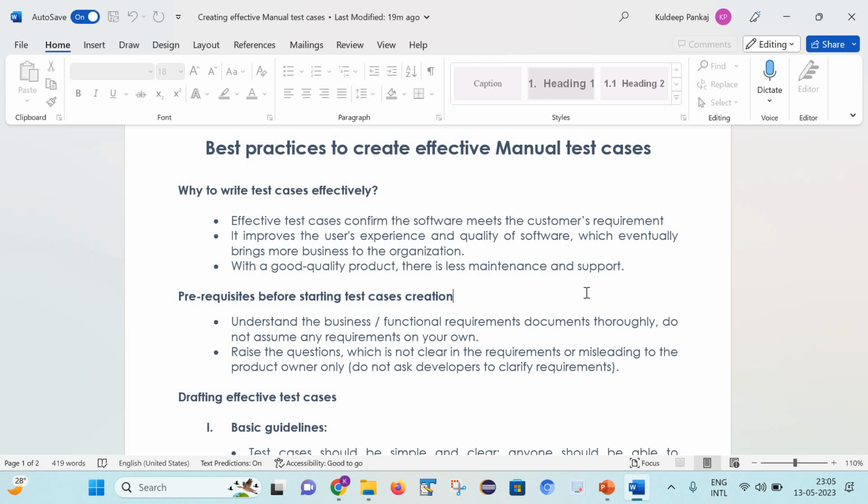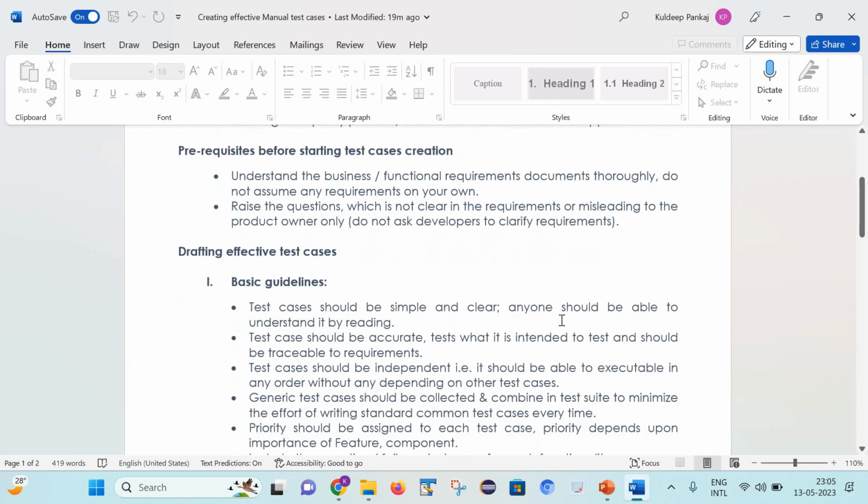So the product owner is the only person we should approach to clear the requirement, and we should not ask any other person for clarification of the requirement. Okay, so I hope it makes sense.